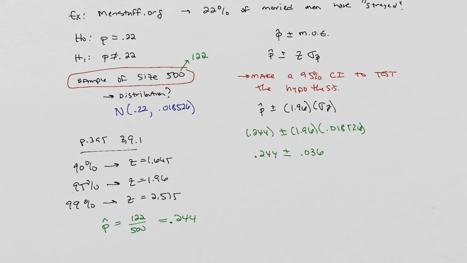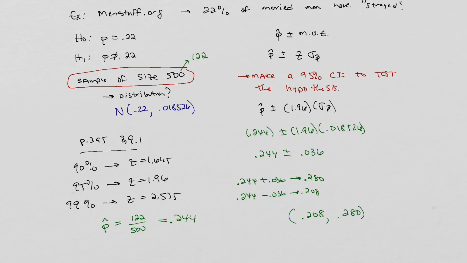If I take 0.244 and add 0.036, that gives me 0.280. If I take 0.244 and subtract 0.036, that gives me 0.208, which means my confidence interval is 0.208 to 0.280.